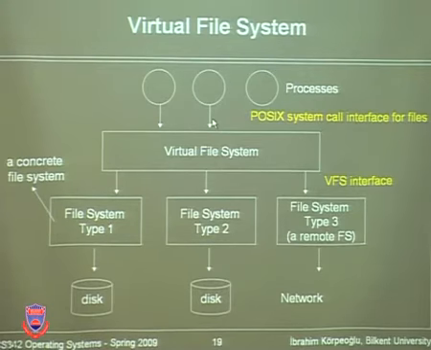So we have the read, write, close, and open system calls for files. Those system calls are implemented in the virtual file system, okay, and the process can call this same set of operations on all files, no matter whether the file is sitting here, there, and so on.